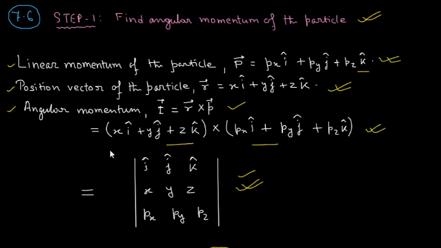xi plus yj plus zk cross pxi plus pyj plus pzk, which can be written in the form of a determinant as i j k, x y z and px py pz.